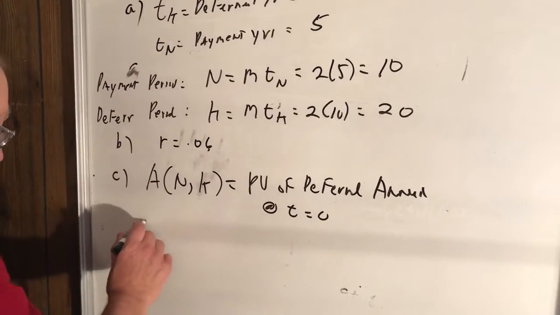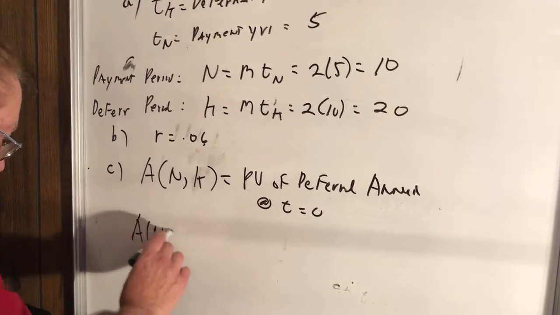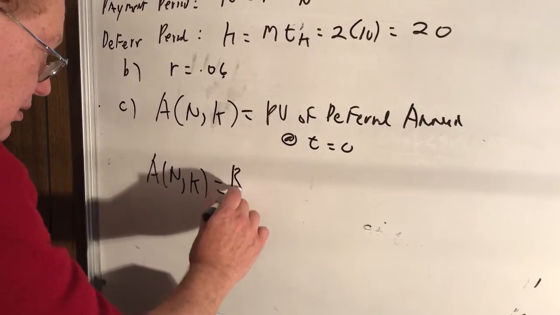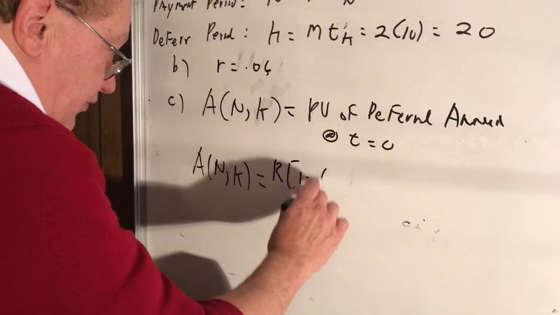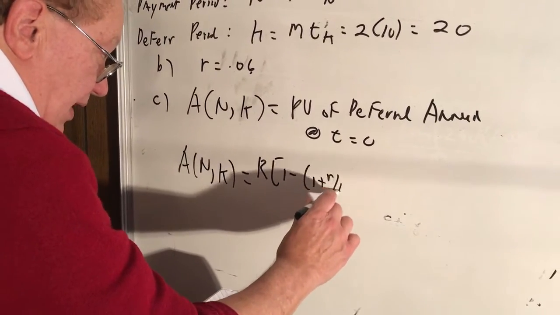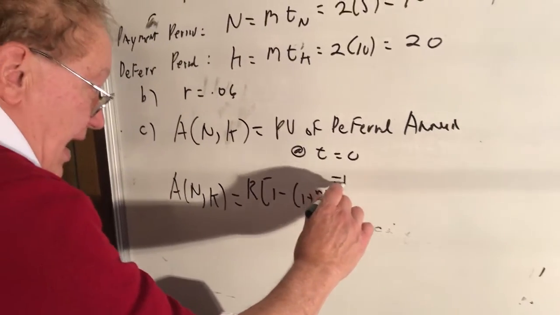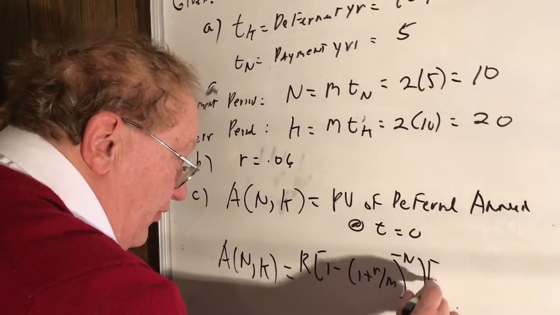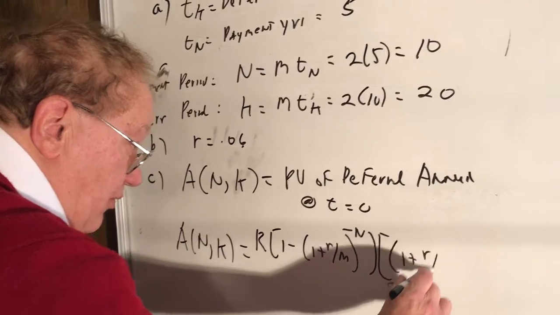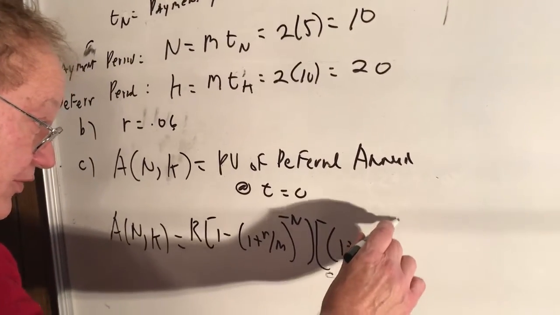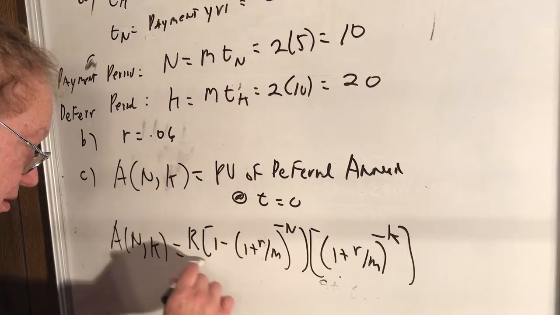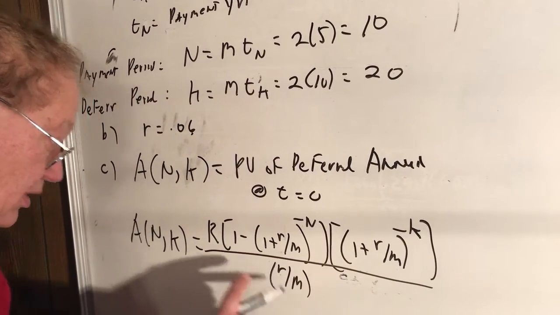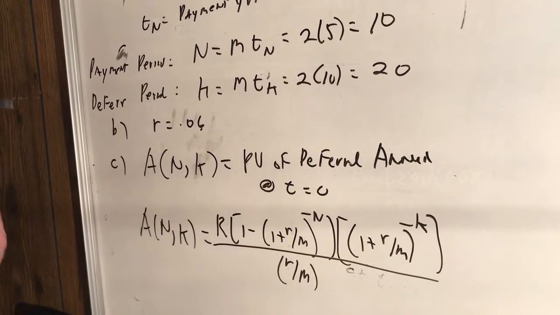It's like this: R times 1 minus (1 plus R over M) to the minus N, times (1 plus R over M) to the minus K, divided by all the same thing, R over M. Oh yeah, that's divided by everything.